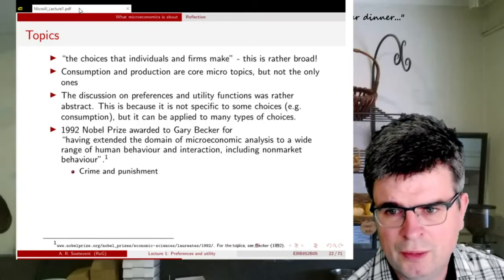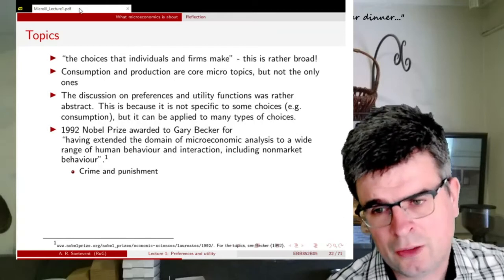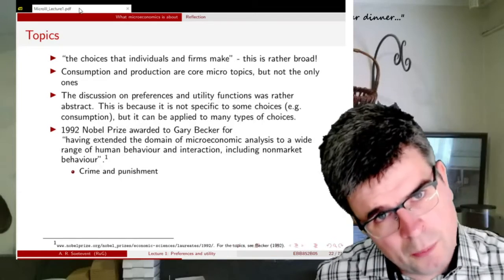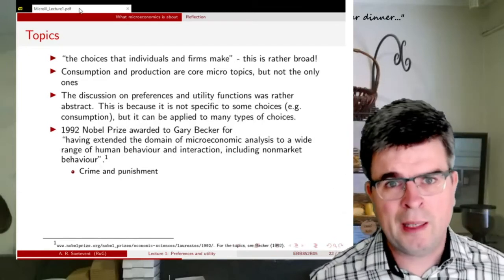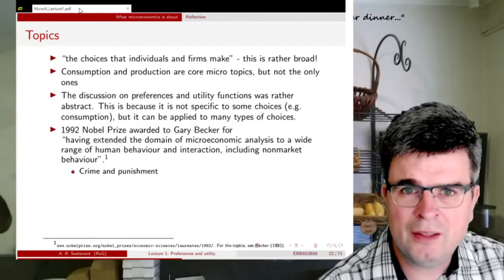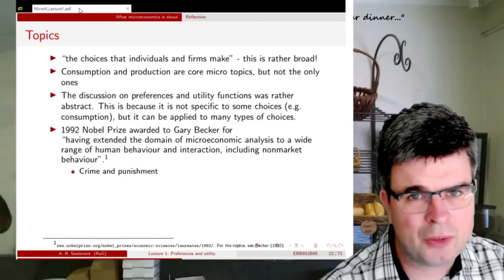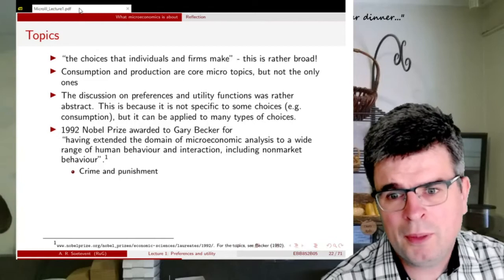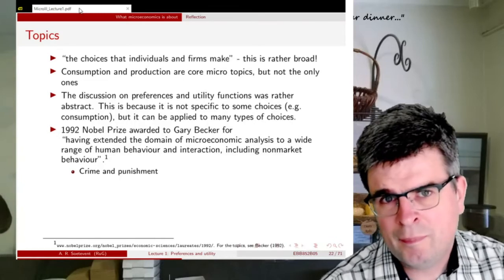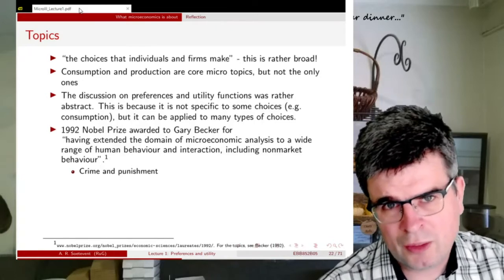To give a couple of examples, he started out in his career studying crime and punishment. You need to make a trade-off whether to engage in a crime or not. Now, if you're well off, then you don't have a lot of incentives to risk all that you have by starting a burglary. But again, if you are poor and you have no way to make a living, then it may become attractive to engage in criminal activities.